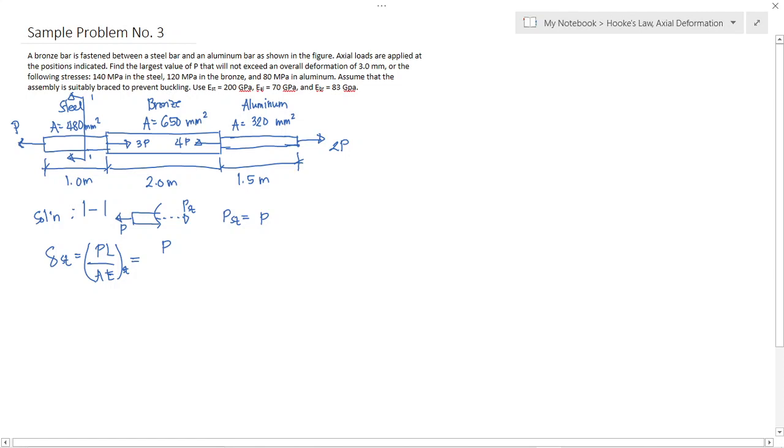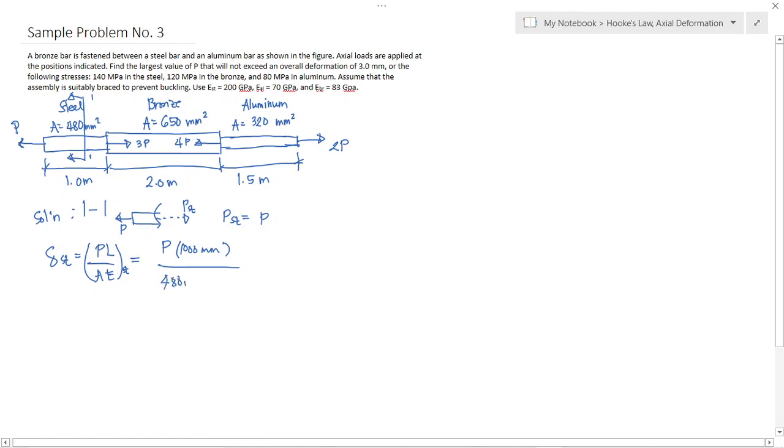I said earlier in the unit analysis, in the second part of our video, that we use millimeter. So, express L of steel in millimeter. So, that is 1,000 mm. Our assumption is P is in Newton. The cross-sectional area is in square millimeter.